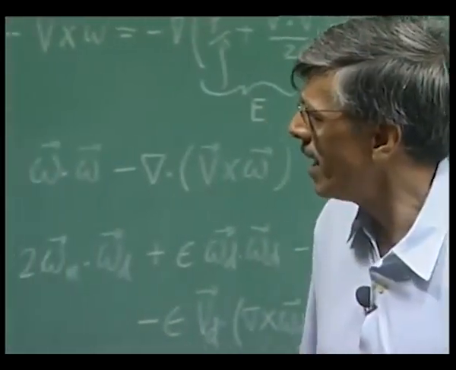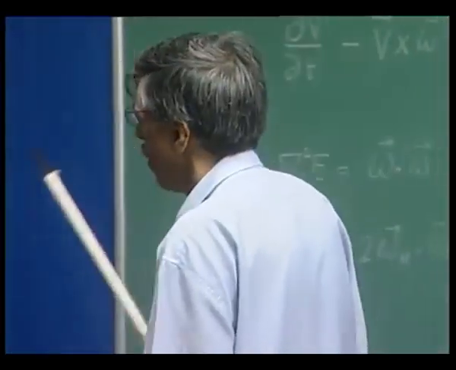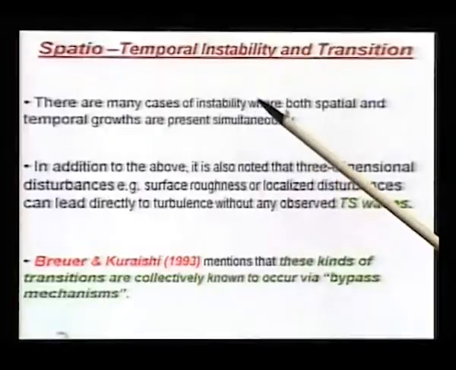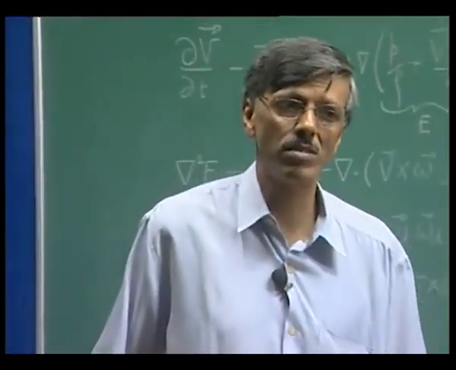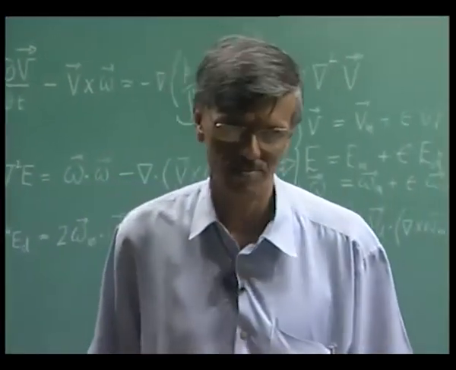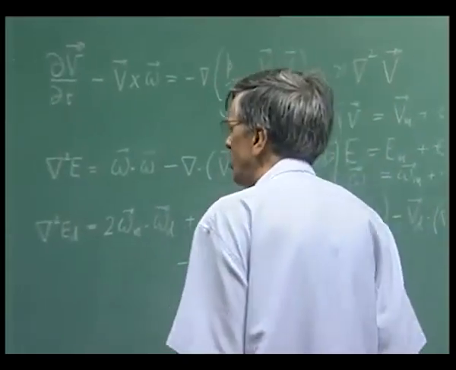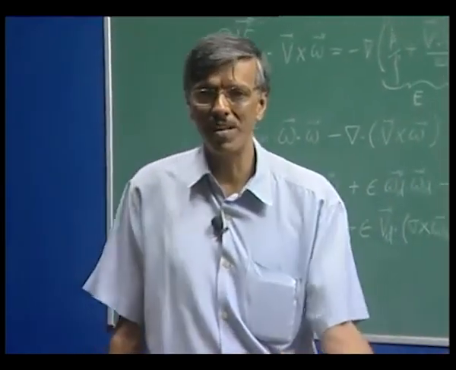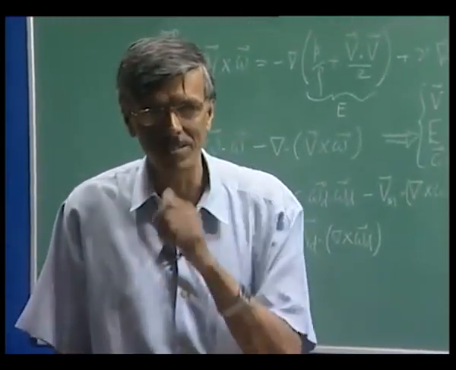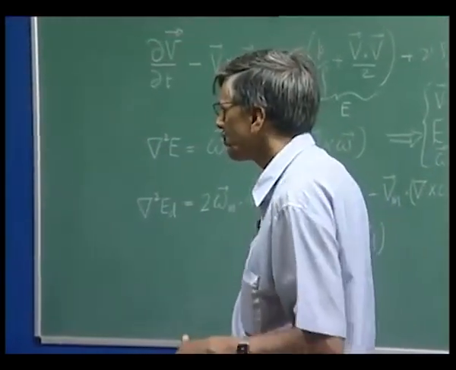So you see, basically in fluid flow, we will come across instances where you would see the disturbances growing both in space and time. So it's quite natural that we will have to abandon those strictly spatial or strictly temporal analyses.